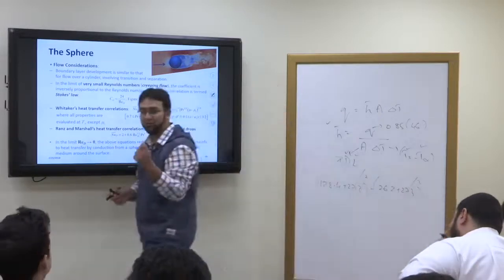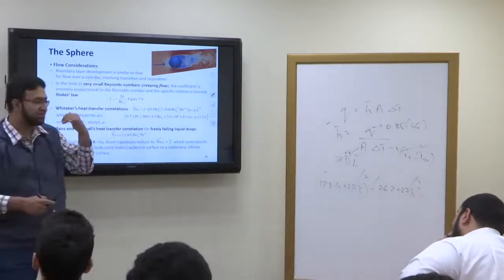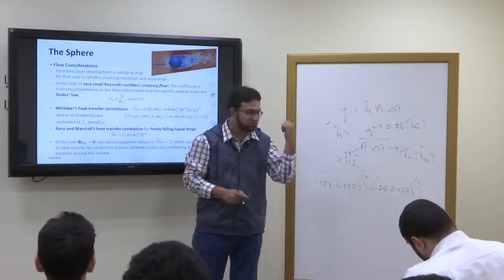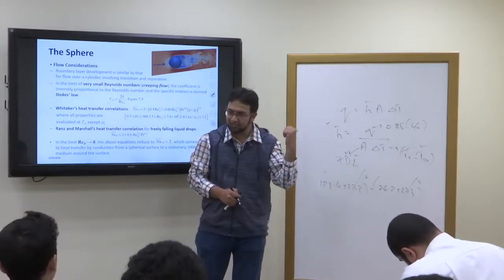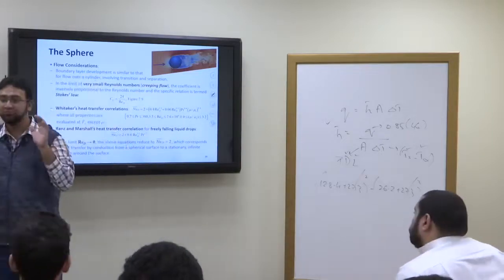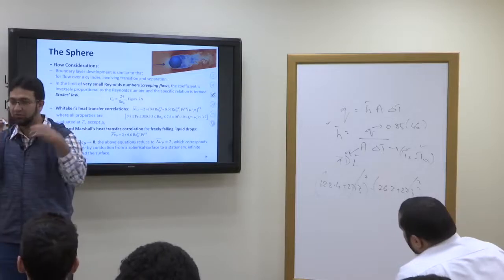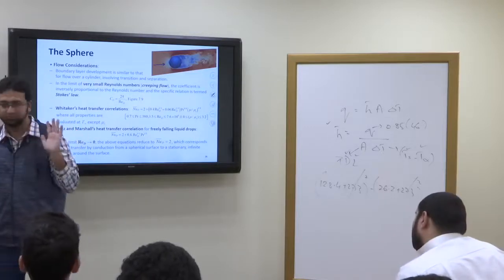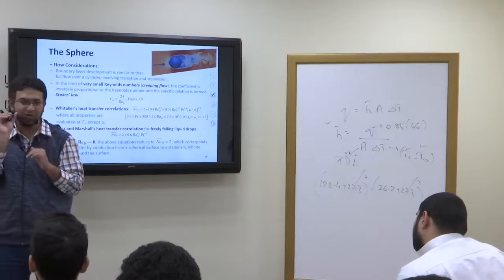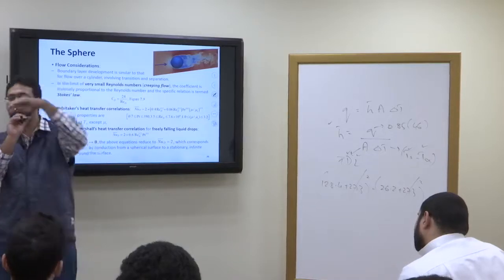So right now, what we have done so far, we have studied the external flow across a flat plate. That was last time, in the last lecture, and we studied the external flow across a cylinder in the cross flow direction. So that flat plate was in the parallel flow direction, and across a cylinder is in the cross flow direction.